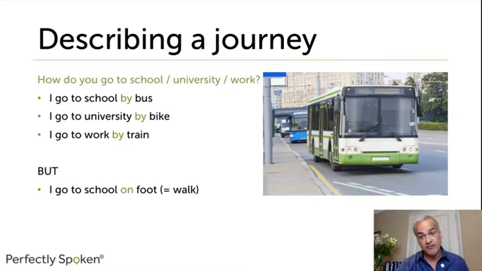In Cambridge, everybody goes to university by bike. And I go to work by train. But I go to school on foot. On foot, remember, this is your hand, and at the bottom of your leg is your foot. So I go to school on foot.